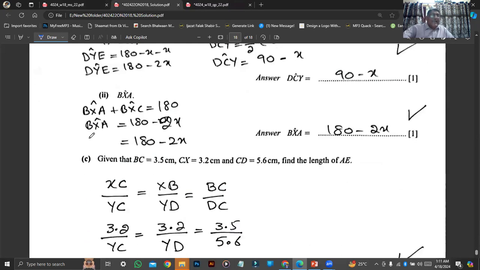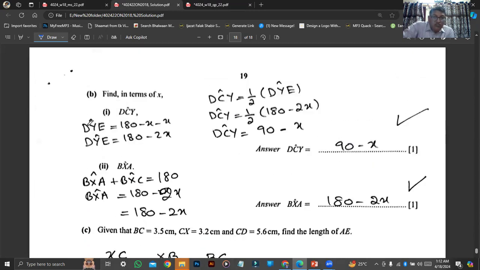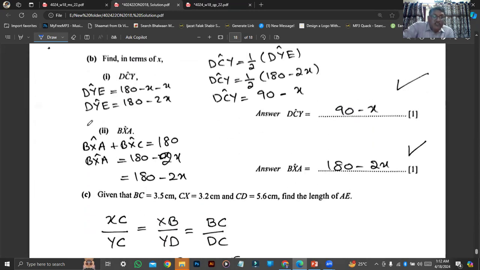The BXA angle: BXA plus BXC equals 180. That's a straight line. BXA will be equal to 180 minus BXC. BXC was 2x because the alpha is equal to x. So it will be 180 minus 2x.